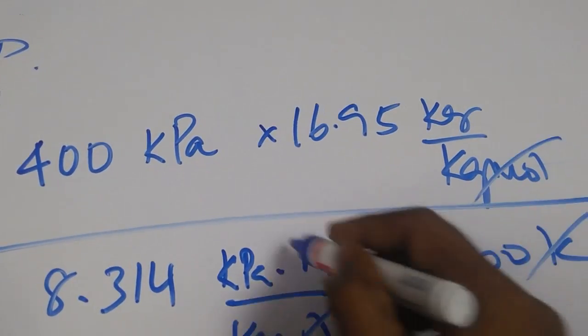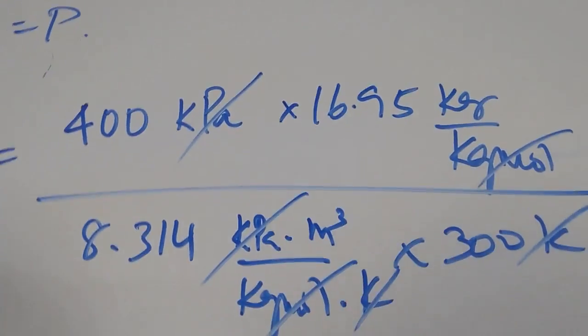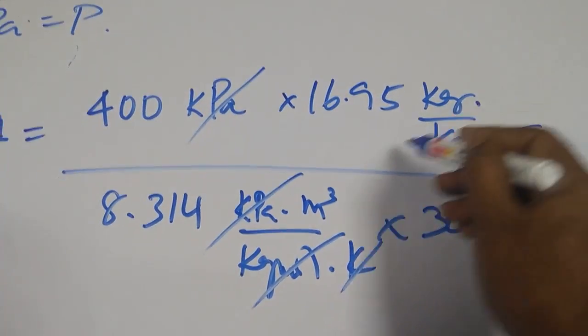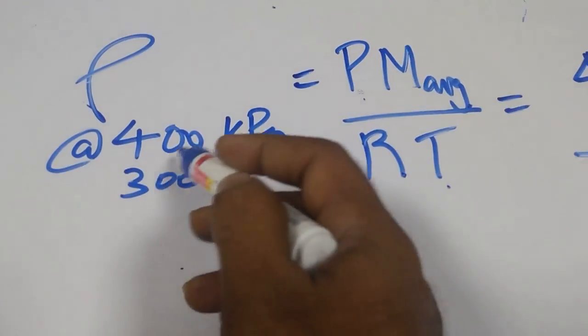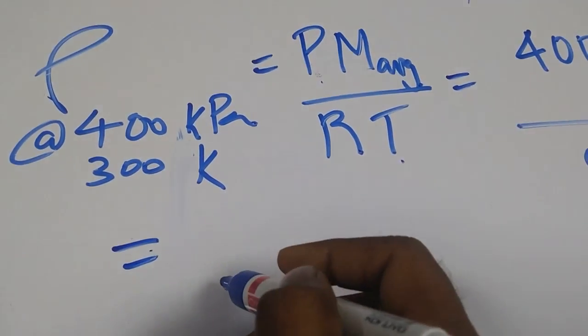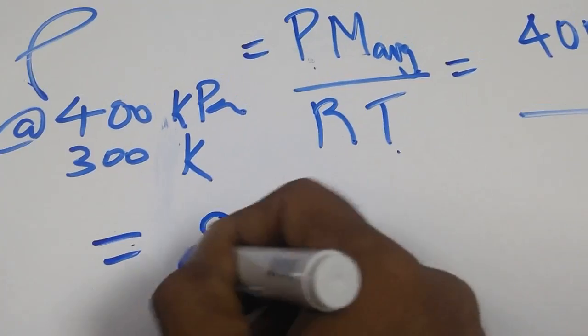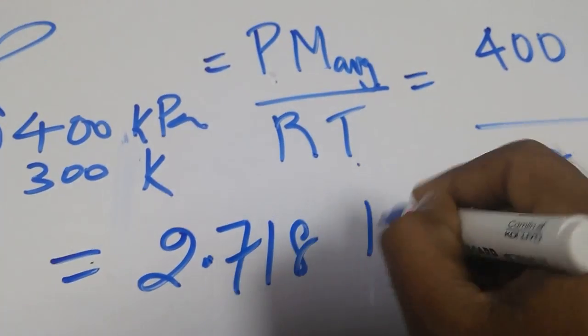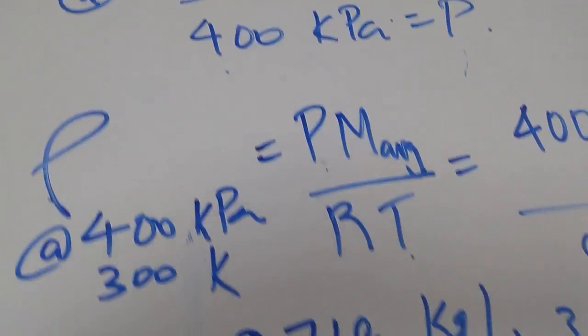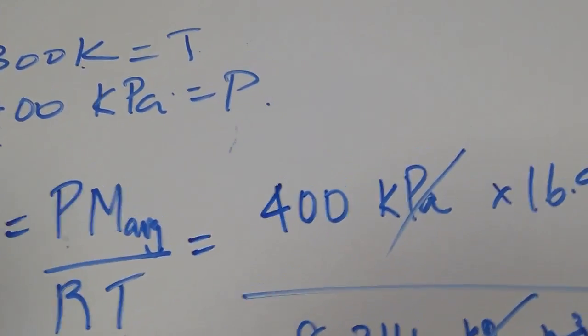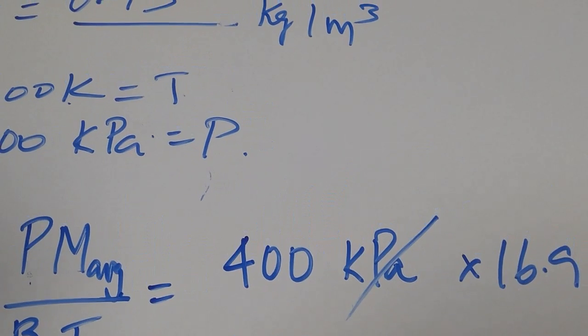Kelvin cancelled, kg mole gets cancelled, kilopascal gets cancelled. So what we have is kg per meter cube. The density value at 400 kilopascal and 300 Kelvin is equal to 2.718 kg per meter cube. So that is the answer for D part.